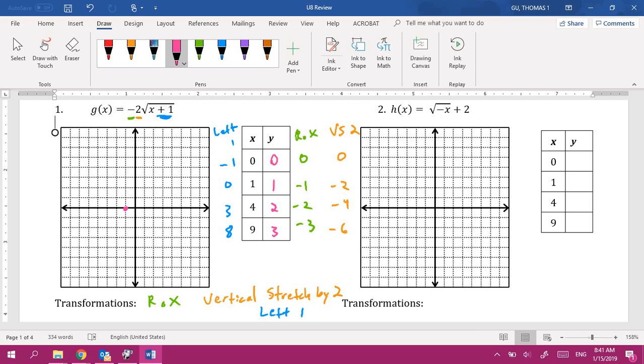I'm not looking at the most outer ones. Gotta look at these ones. 0, -2. 3, -4. And 8, -6. So like this. There we go.